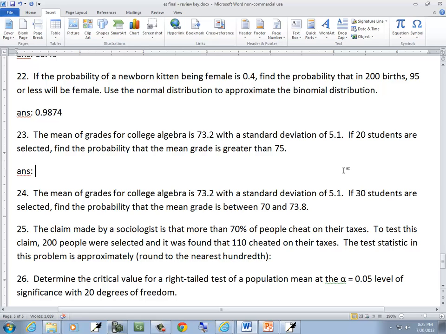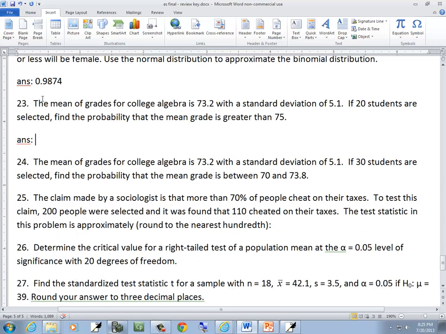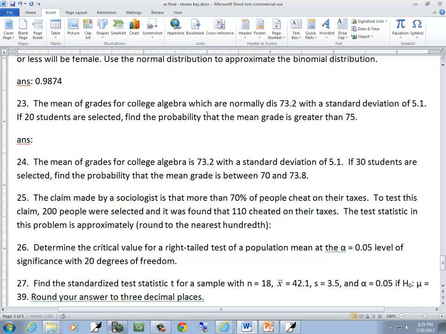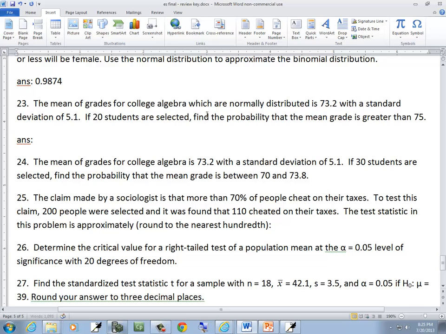I made these next two up. The mean of grades for college algebra is 73.2 with standard deviation at 5.1. If 20 students are selected, find the probability that the mean grade, which are normally distributed, is this.